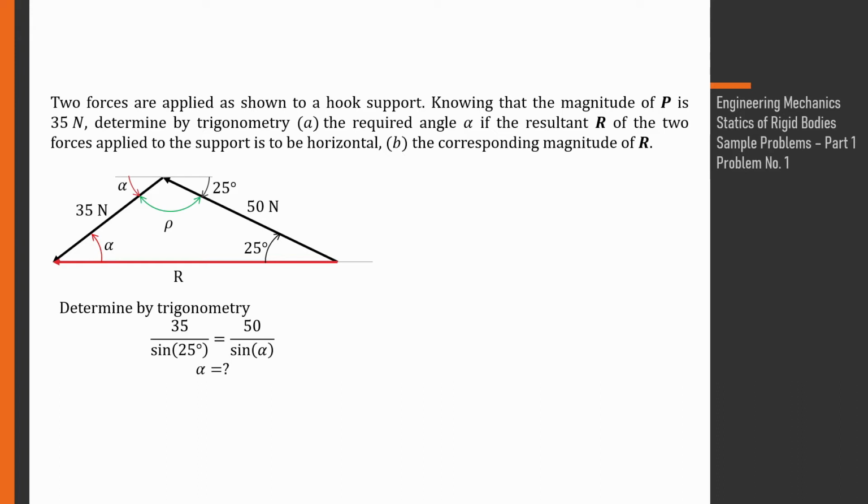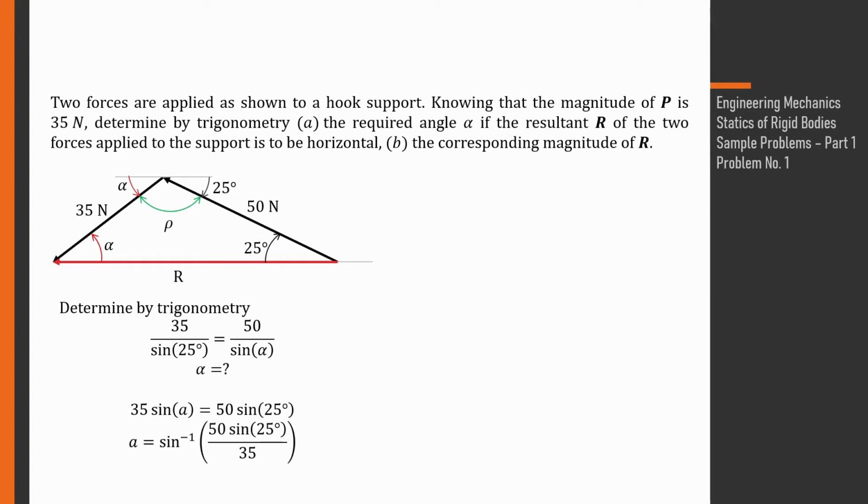So let's take the value of angle alpha first. Let's use this relationship: 35 over sine 25 degrees is equal to 50 over sine alpha. Multiply both sides by sine alpha and sine 25 degrees. So 35 sine alpha is equal to 50 sine 25 degrees.